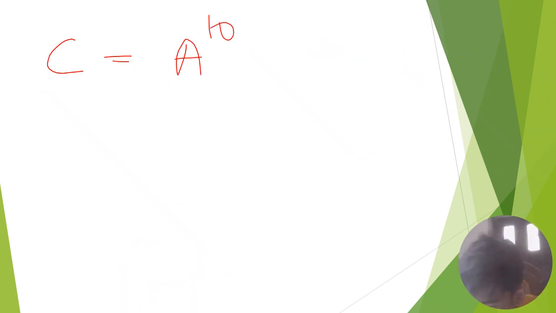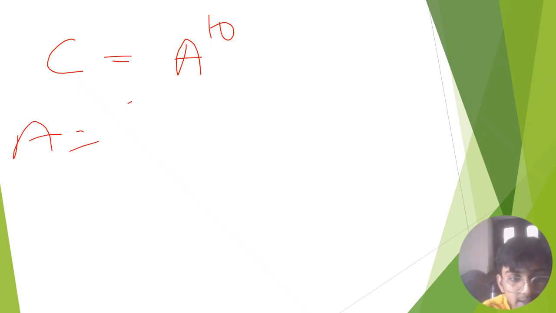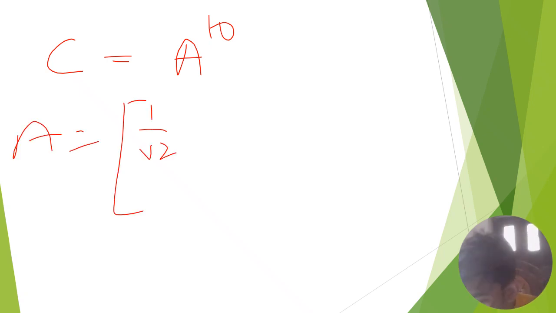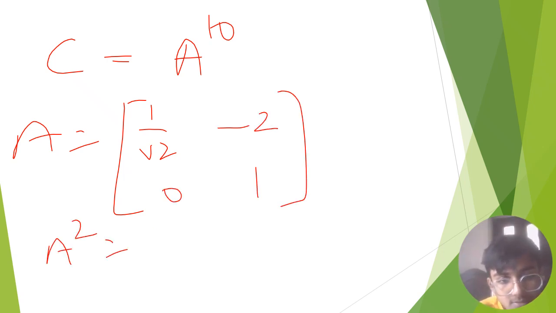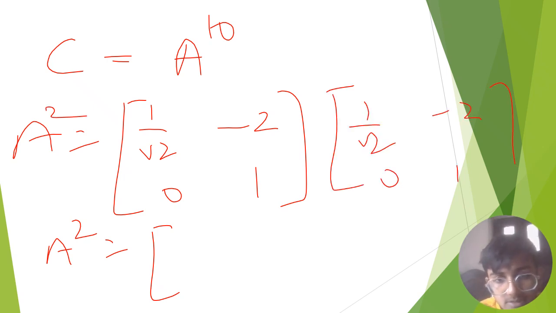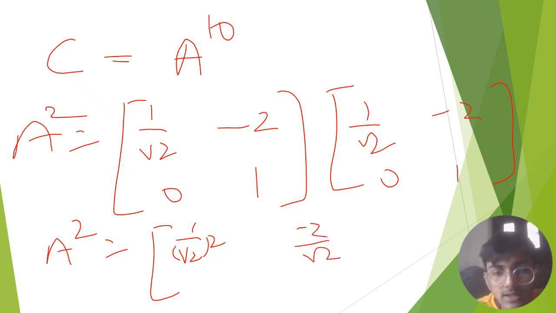Now how to find this A power 10? So just see A is like this, 1 by root 2. You will see the pattern after just calculating 1, 2. That is A square, first you calculate. It will be like this. See 1 by 2, it is like this square, and here it is going like minus 2 by root 2 and minus 2, 0, 1.